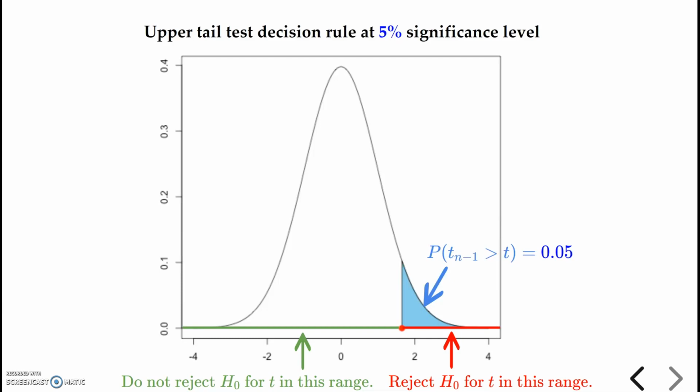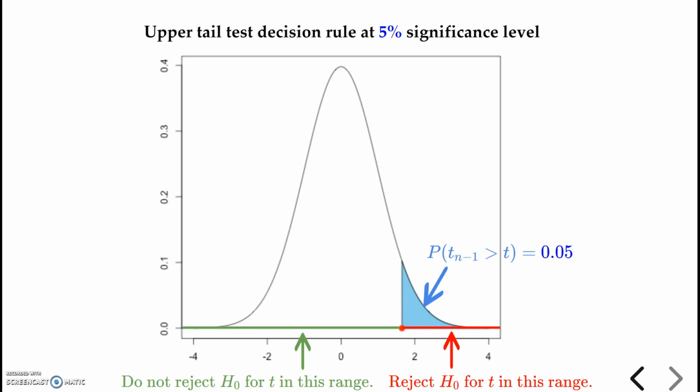In the critical value approach, what we do is to have the rejection region based on the critical value, right? So you look at the alpha value, which is 0.05, and then we find the t value corresponding to this probability, right? And then we compare that t value, which is known as the critical value, with the calculated t value we have in the question.